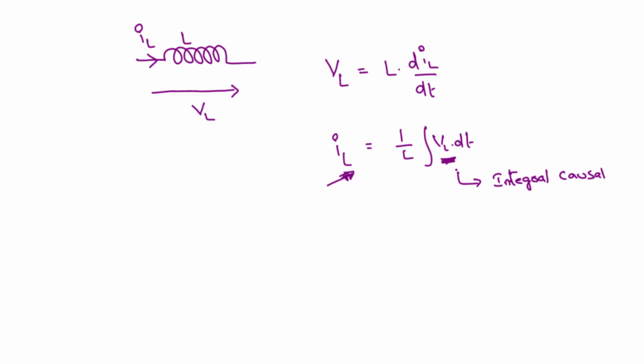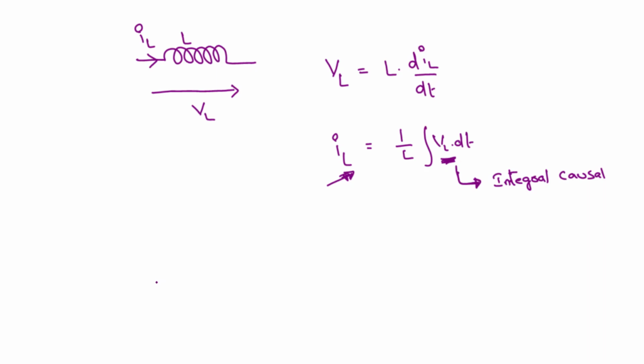That is the reason we call it integral causality. What is the cause? That is our aim. So whenever the current is flowing, the voltage is developing. So current is the source, voltage is the effect, a source effect relation, or current is the cause and voltage is the resultant of that. That is called integral causality.